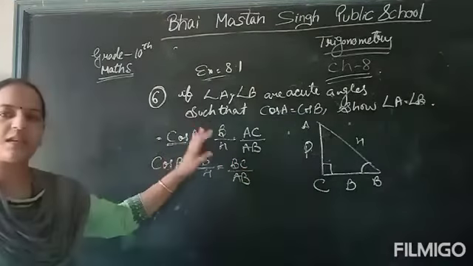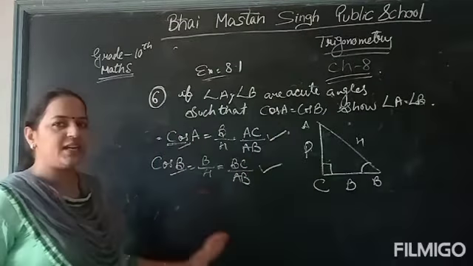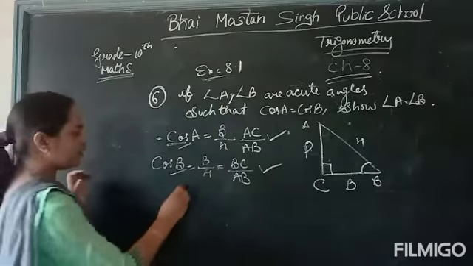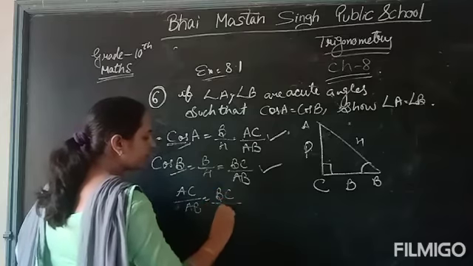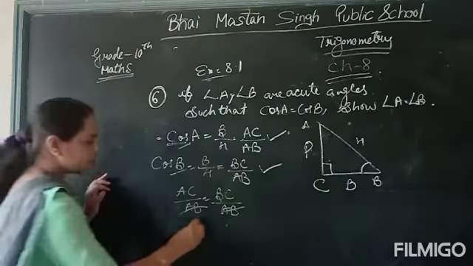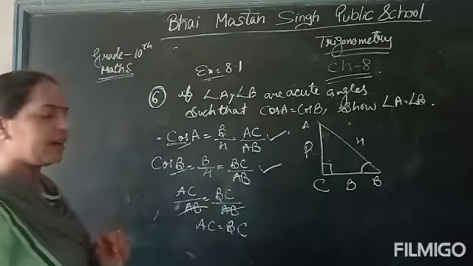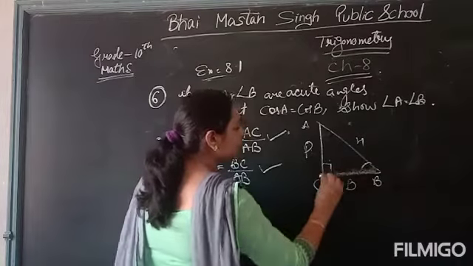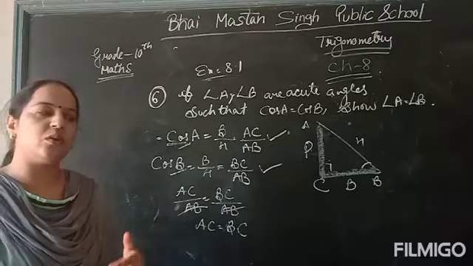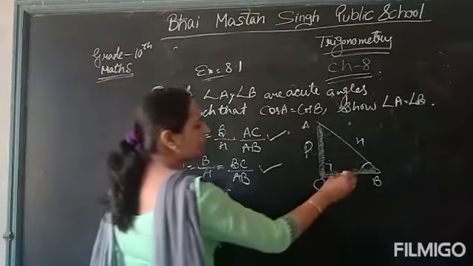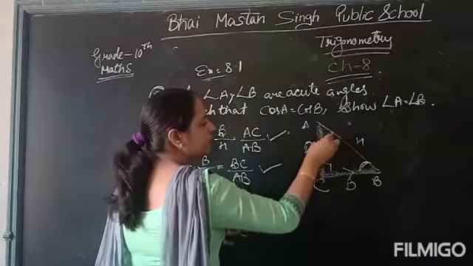They said that cos A is equal to cos B. It means these must be equal. If they are equal, left hand side is equal and right hand side is automatically equal. So AC upon AB is equal to BC upon AB. AB cancels with AB, so AC is equal to BC. If this side is equal to this one, we can say that opposite angles of equal sides will be equal.